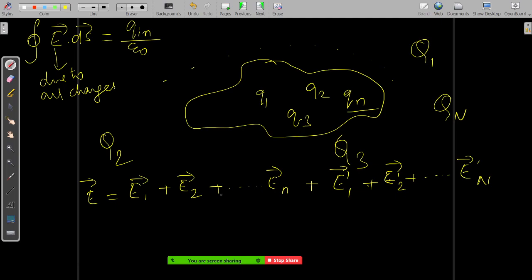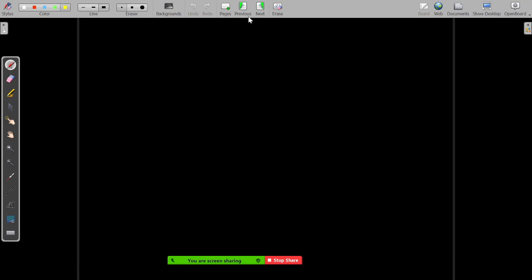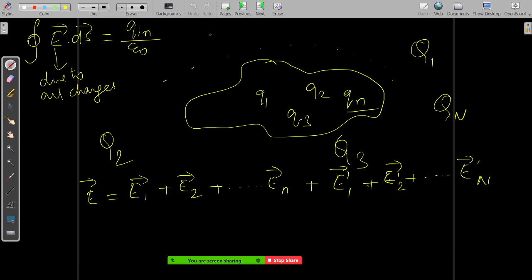Now we want to find the total flux in the region. I'll just copy that, one second. This is the generalized derivation we are going to do.